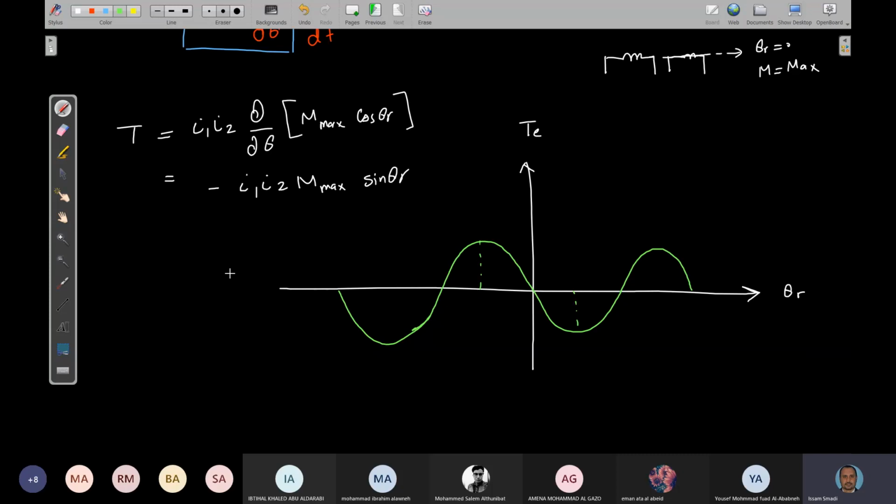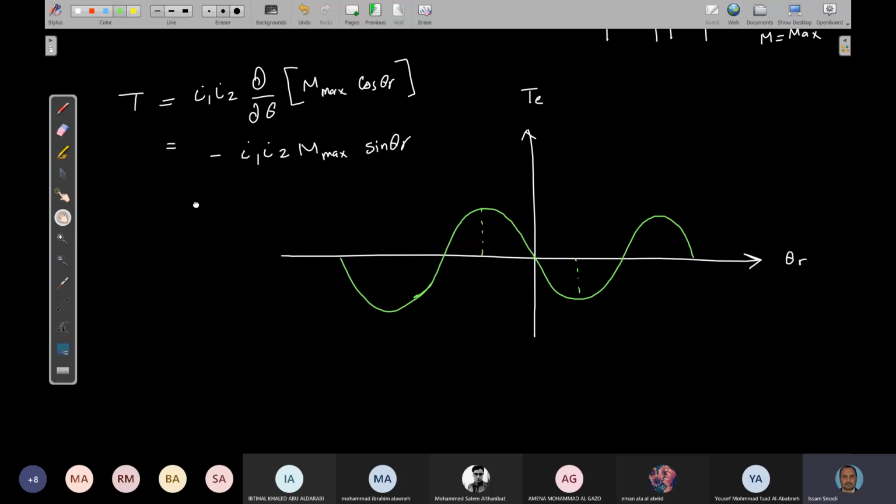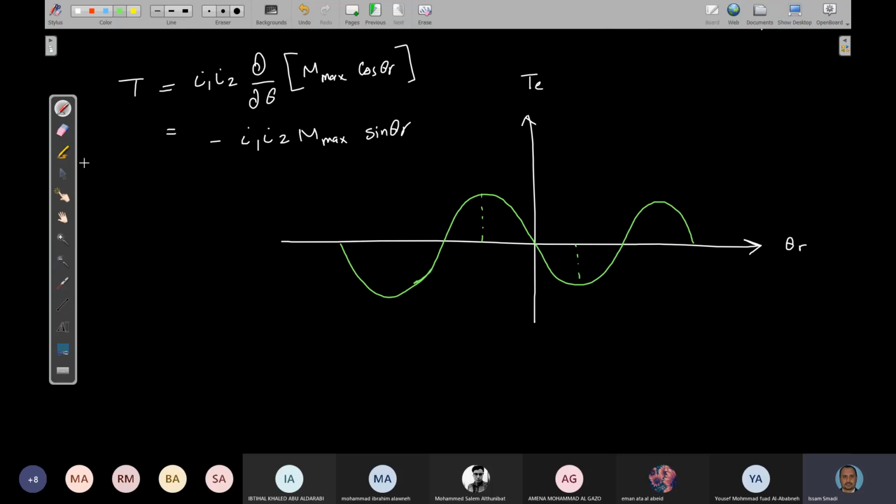Now, for this plot, which is the torque versus the rotor angle, let's define positive torque and negative torque. What's the meaning of the positive torque and what's the meaning of the negative torque? The positive torque acts in the direction of increasing the rotor angle.